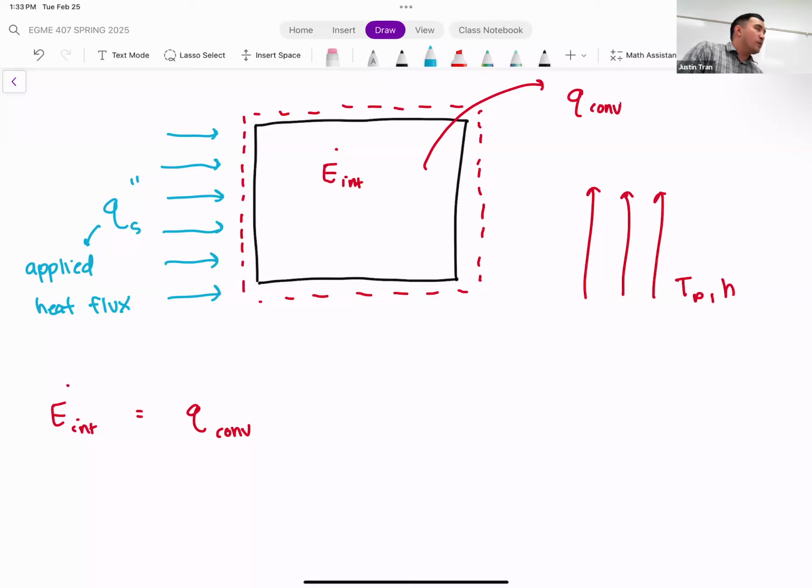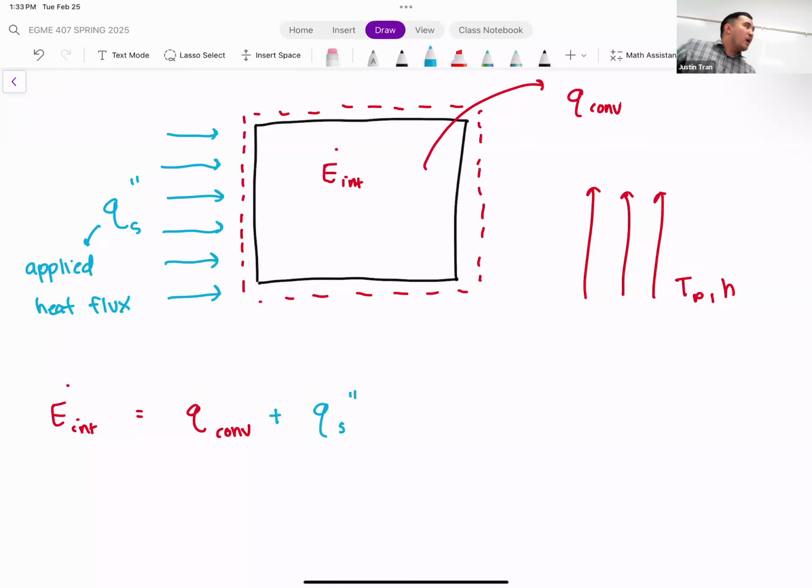And that heat flux can come from a number of different sources. Maybe it's a heater that's applying this, or maybe there's some kind of fire or flame that's applying this heat flux, right? And so we can modify our equation here. Not only do we have Q convection, but we're also going to have Q_s double prime.